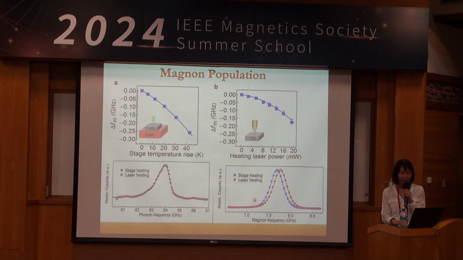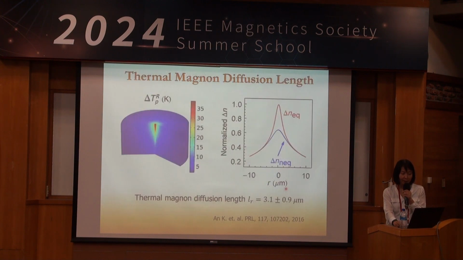Based on comparing laser heating and stage heating, this is a magnon frequency shift. I use a model, and I can precisely define the phonon temperature using COMSOL calculation. I can quantify the phonon population, and then I can use this to extract a magnon diffusion length.